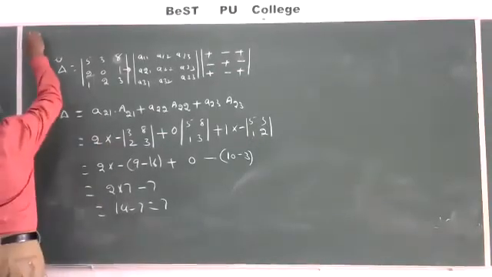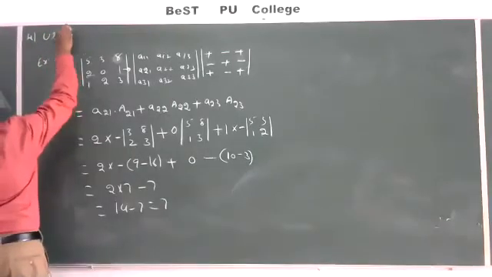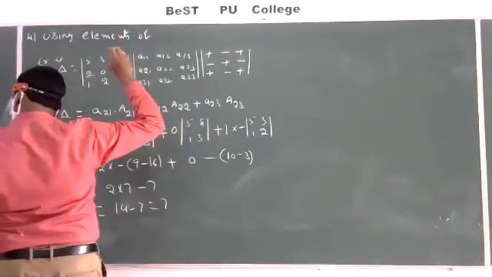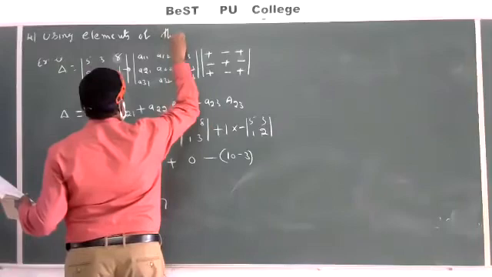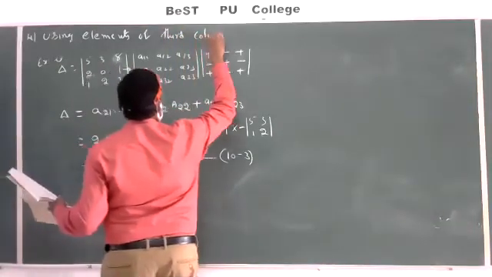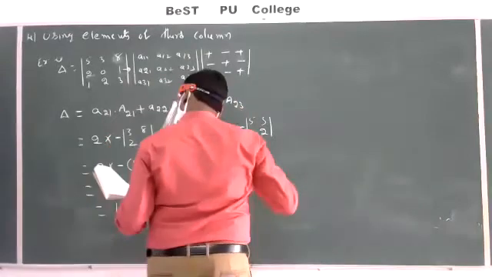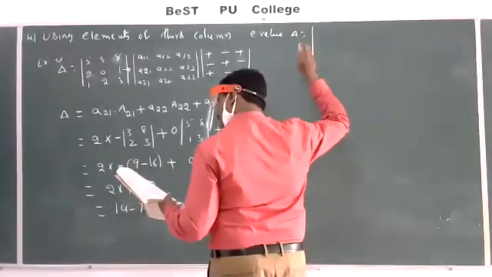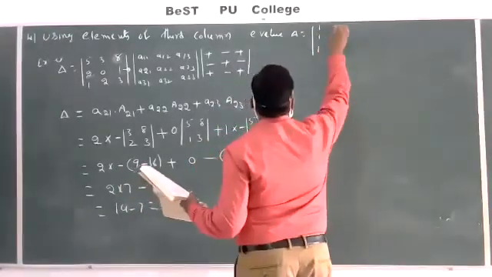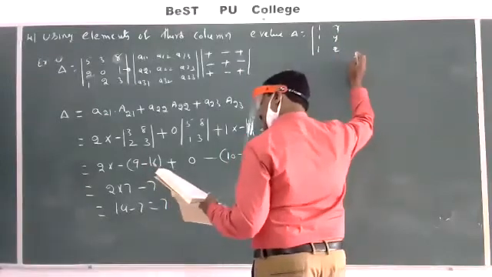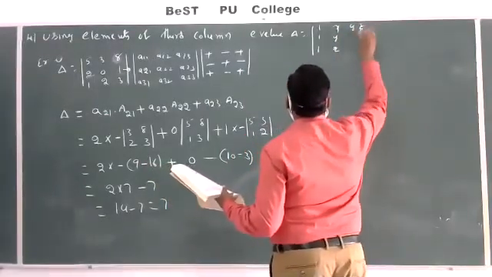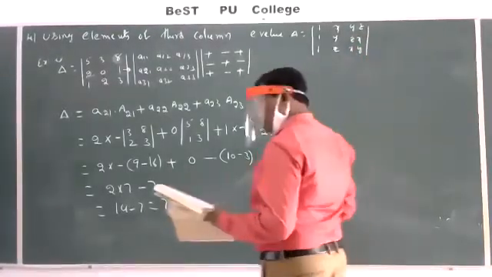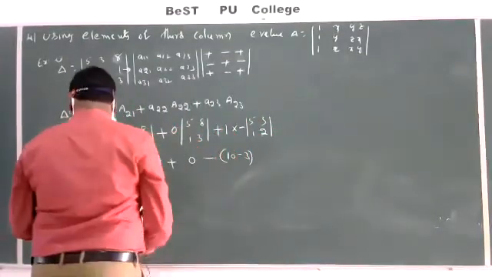Fourth problem: using elements of third column, evaluate the determinant of 1, 1, 1, x, y, z, yz, zx, xy.